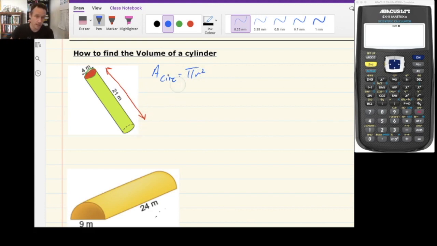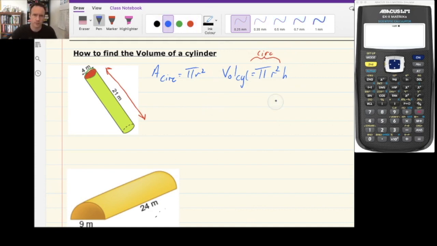So if we take pi r squared and multiply it by the height, we can call that the volume of a cylinder, or give the equation as pi r squared h, times height. So that's the circle there. That portion is the circle, and then times it by the h, or the height.